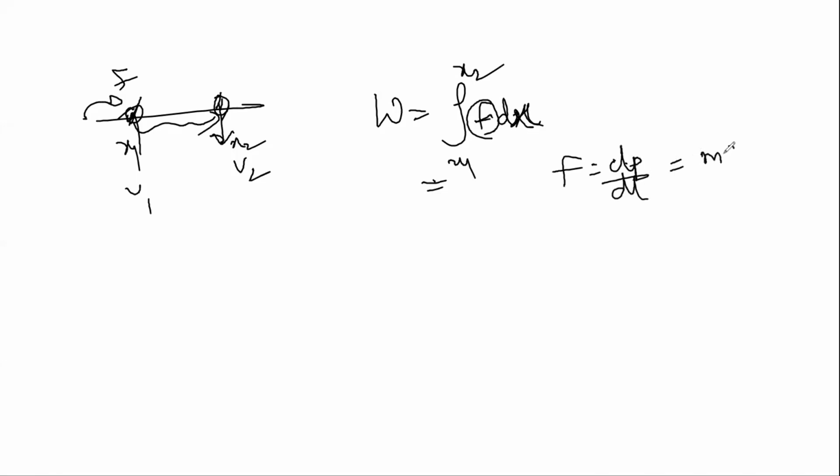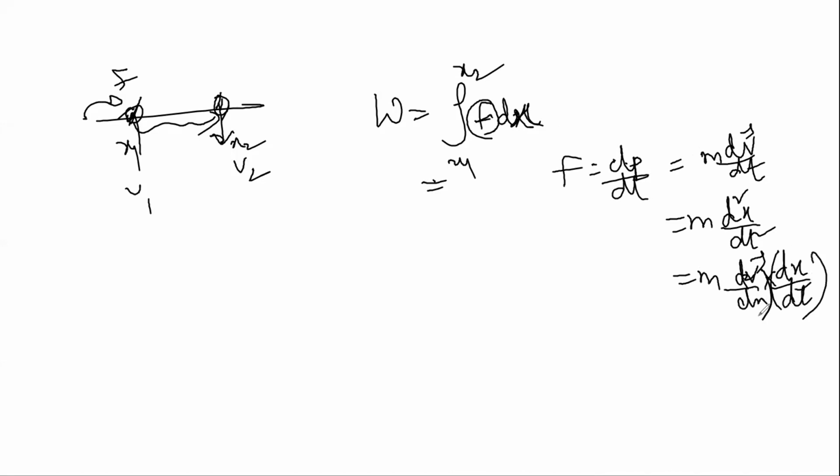Now we know that the work done is equal to the integral of F dot dr, or here, the integral from x1 to x2 of F dx. So what is F according to Newton's second law? F is equal to dp by dt, that is m dv by dt, which is equal to m d square x by dt square, or m into dv by dx into dx by dt.